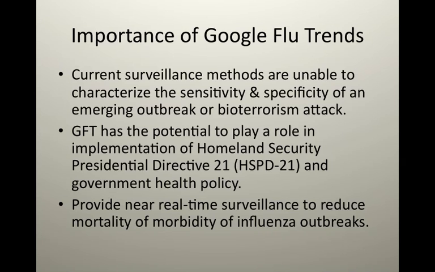With increasing international concerns about new infectious diseases, pandemics, as well as bioterrorism, there is a need to alert public health care practitioners and clinicians regarding an outbreak as early as possible. Current methods are unable to characterize the sensitivity and specificity of an emerging outbreak or bioterrorism attack.